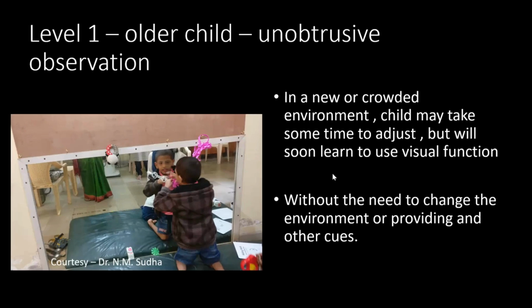So in this environment, the child may take some time to adjust, but will soon learn to use the visual functions. And there's no need of environment changes to be done by the therapist, or no other cues required. Slowly he learns and he adapts to the new environment at that moment itself, or in that scenario itself. So this is a good level.